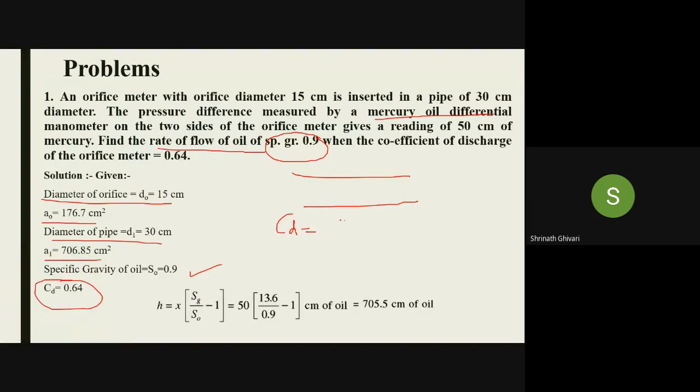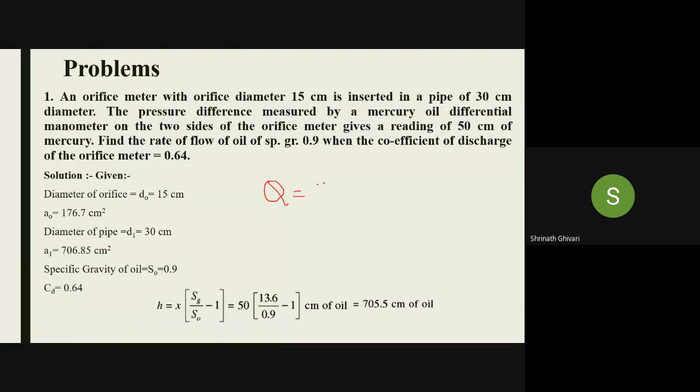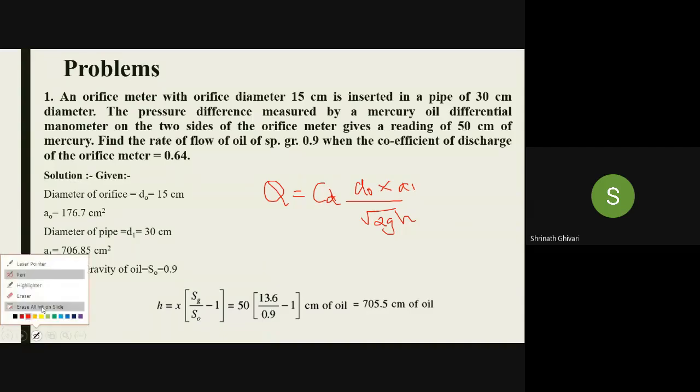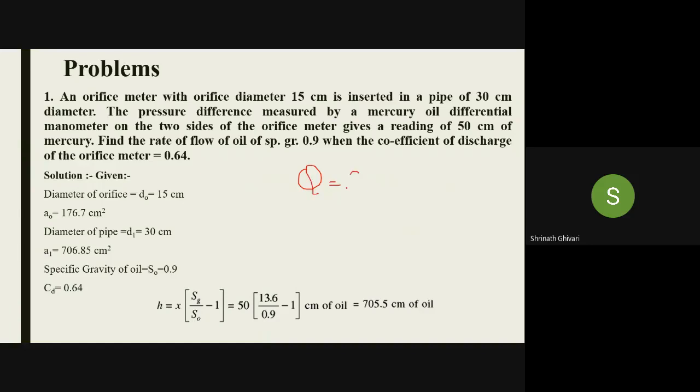Q equal to CD A0 into A1 divided by square root of A1 square minus A0 square, into square root of 2gH. This is the formula.